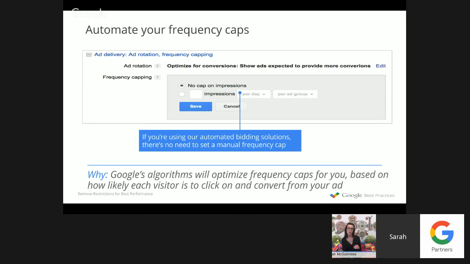So again, you need to trust the capabilities of the algorithm in optimizing for those signals. Because if you think about it, it would be near impossible for you to manually optimize those signals. So ultimately, frequency cap, rest assured you are targeting that user, and if you have our automated bid strategies, that should be taken care of.